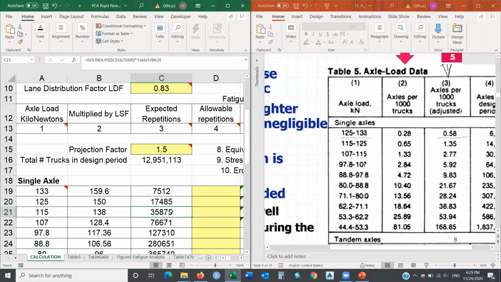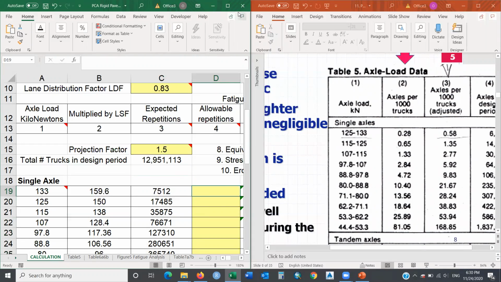The next one, 35,000, is coming from 277 per thousand. So it is 2.77 by 12,951, 35,875, and so on. Okay, is this clear so far, guys? Yes. Okay.